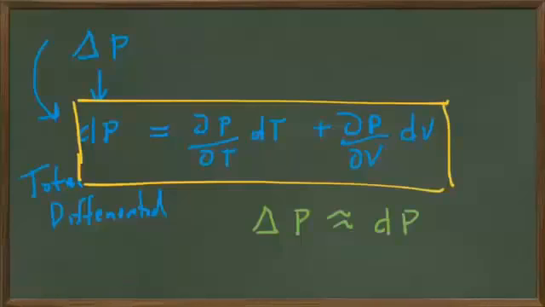So remember, we start off with delta P, and we took its limit and got a dP. Delta P was the exact change, and dP is going to be the approximate change.